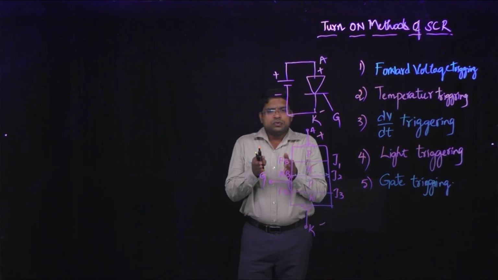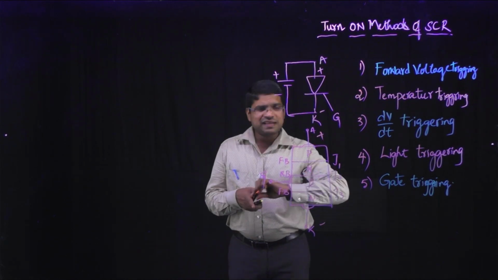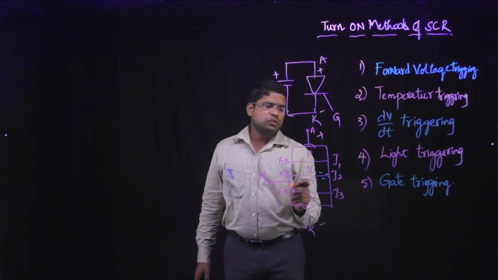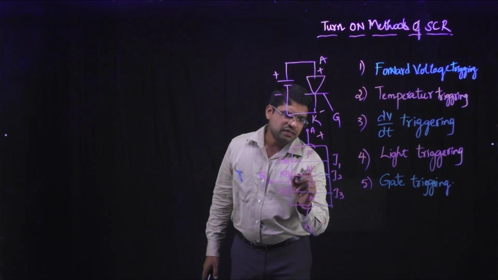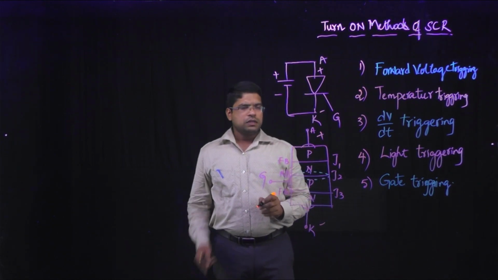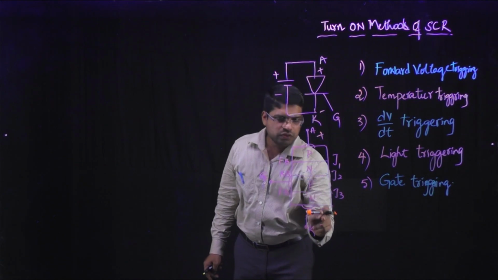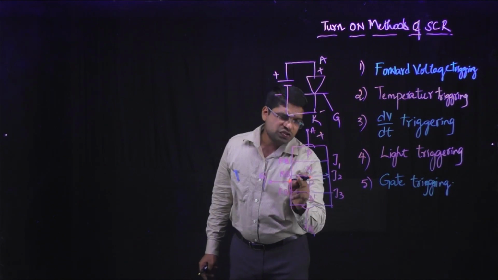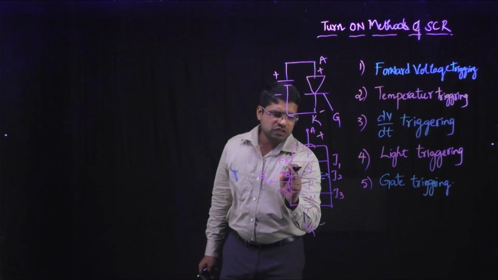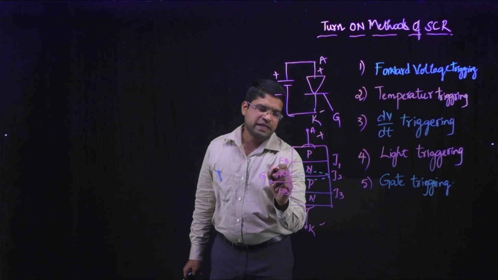During forward blocking state, if I keep on increasing the forward voltage across anode and cathode, at one instant the depletion layer vanishes. The increase in forward voltage vanishes the depletion layer at junction J2, and J2 becomes forward biased.